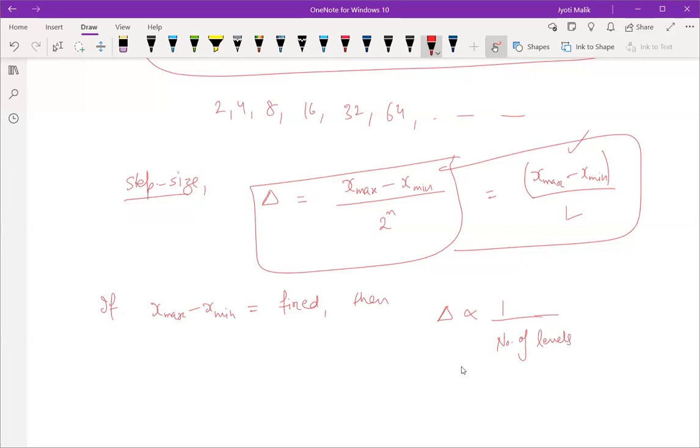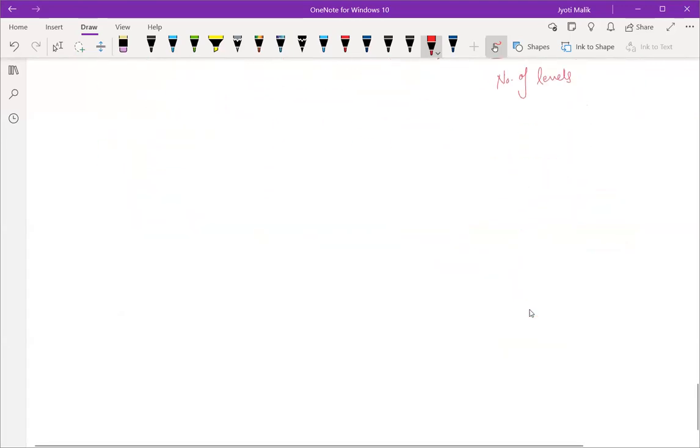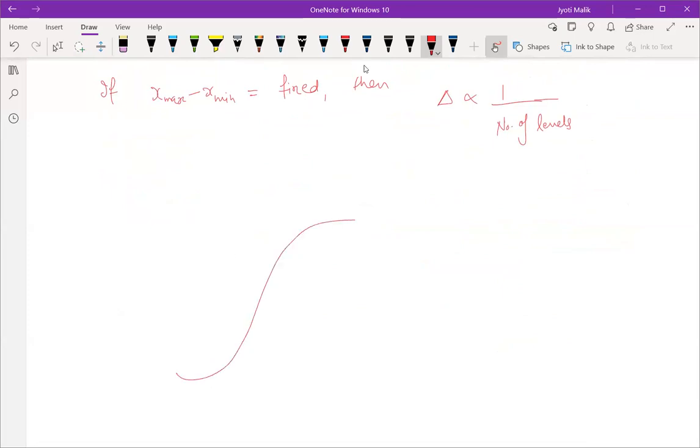The more the number of levels, obviously the gap will reduce. For example, in the previous case, we had 4 levels. After 4, we can take 8 levels.